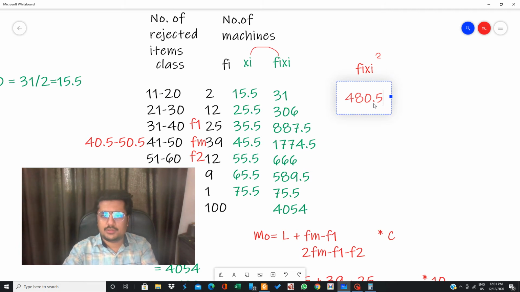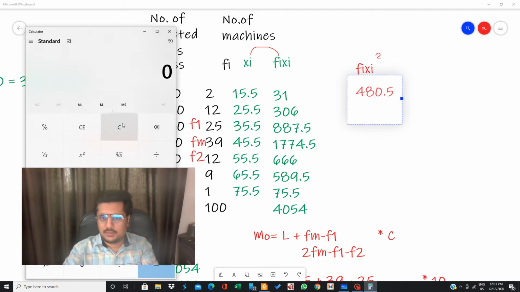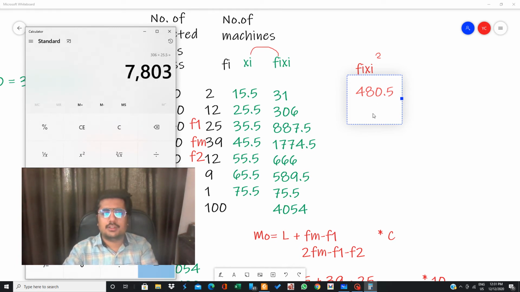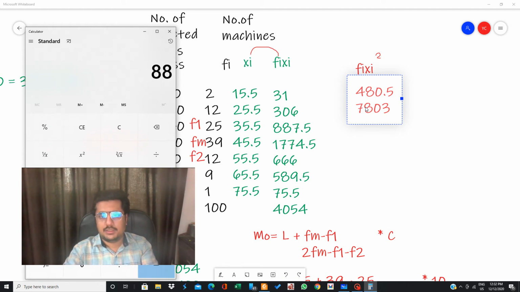Here your calculation will be a bit lengthy. In the textbook they have done another formula, but we'll not learn another formula as it will confuse you, because there are already plenty of formulas with you. 306 into 25.5, that is 7803. Then 887.5 into 55.5, 31506.25.